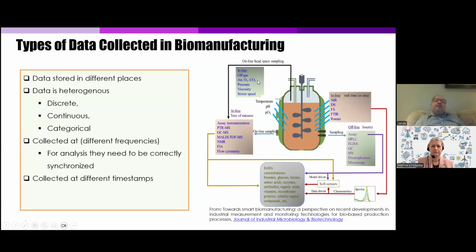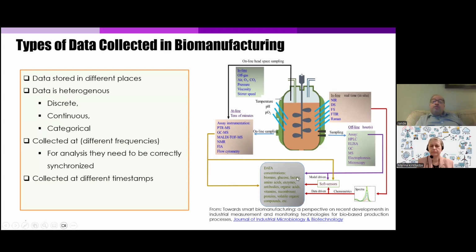We have inline data represented by air, the oxygen profile, the carbon dioxide profile, the pressure, the viscosity, the stirrer speeds. All of these are captured online. We also have, from online sampling, the assay instruments like GC, MS, NMR, and flow cytometry, which capture different aspects of the cell culture during the growth.